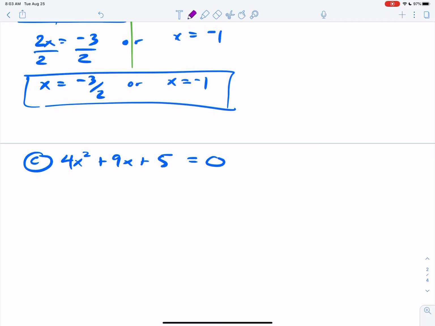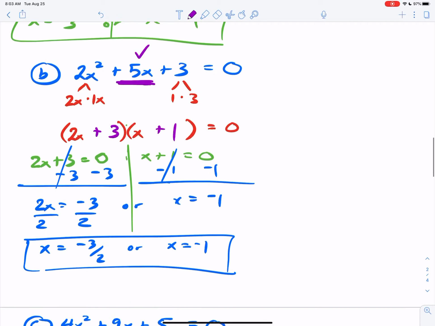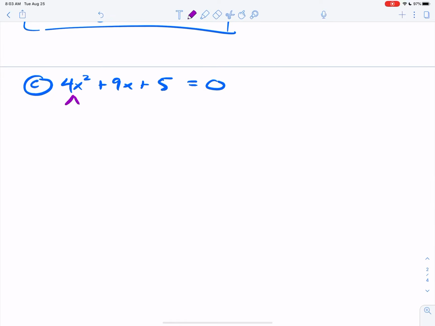Okay, so here we want to factor first if we want to use the zero product property. So here it's looking like the possible factors are 4x and 1x, or 2x and 2x. Over here, there's only one possible factor pair, which is 1 and 5, okay?